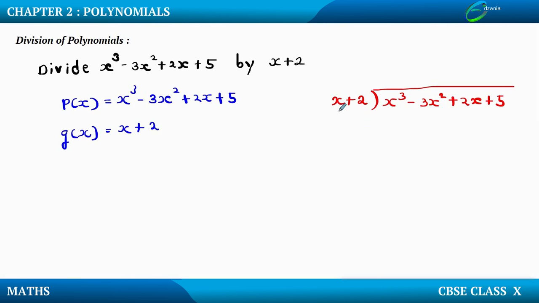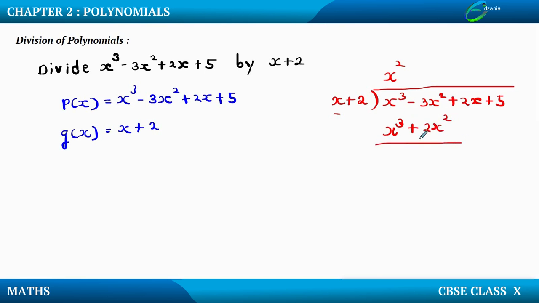Now to start the process, we have x and x cube. So x into how much is x cube? This is 1x, these are 3x. So I need x square. So I write down x into x square is x cube. Now multiply this 2 by x square. 2 into x square, the sign of 2 is plus, so I'm going to get plus 2x square.